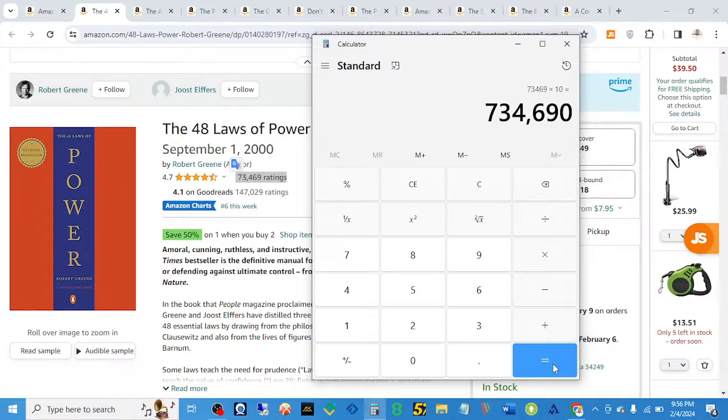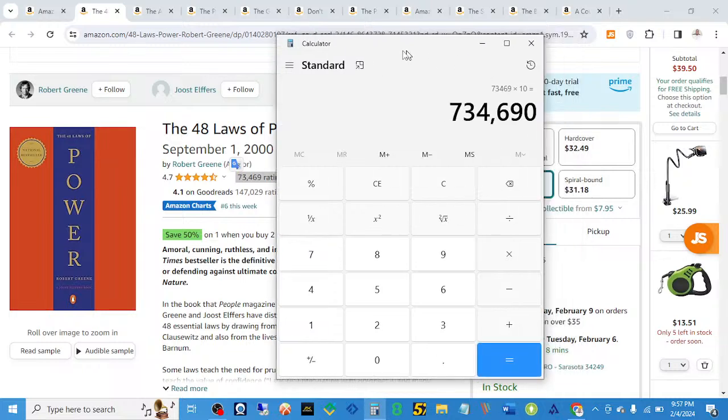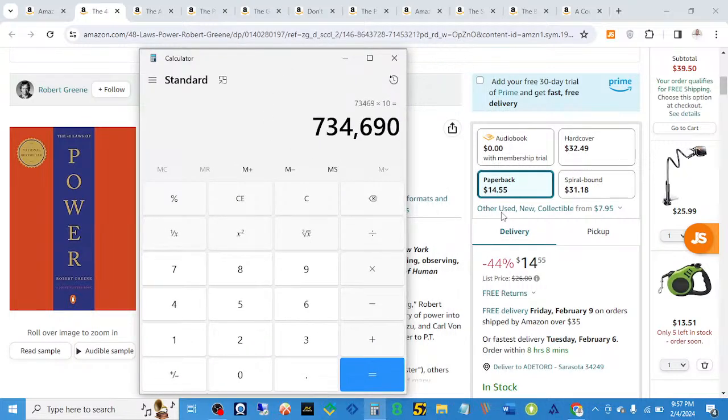That is 734,696. And this seller is selling this book on Amazon for $14.55.